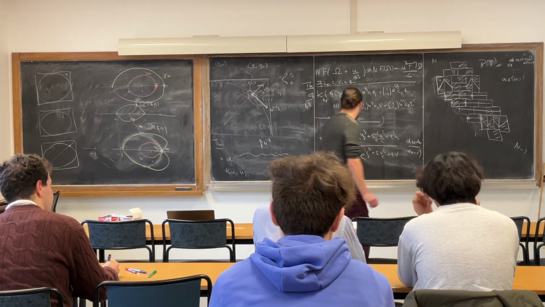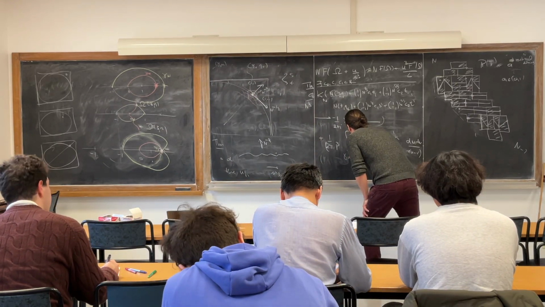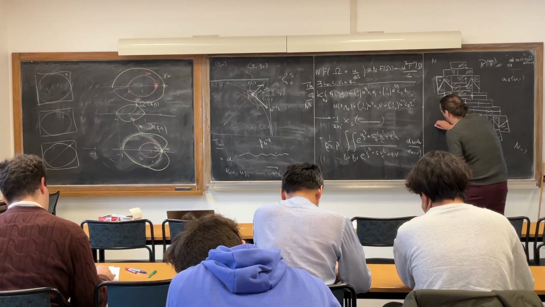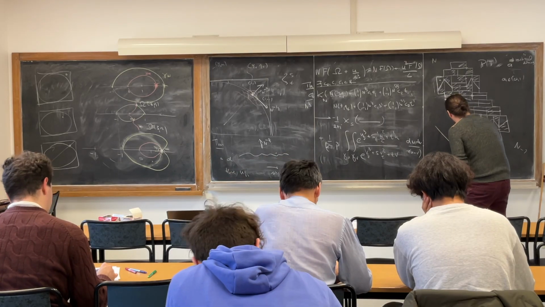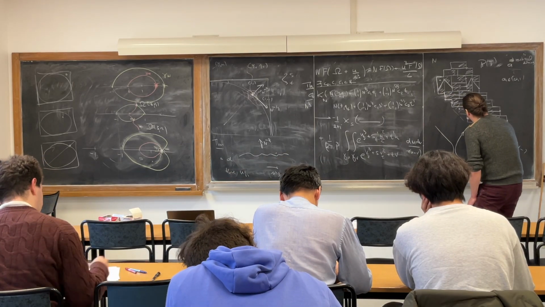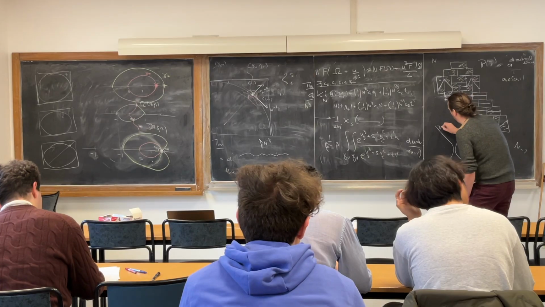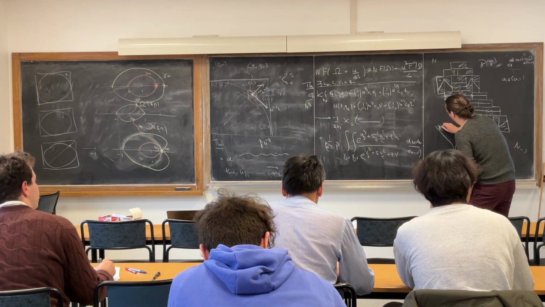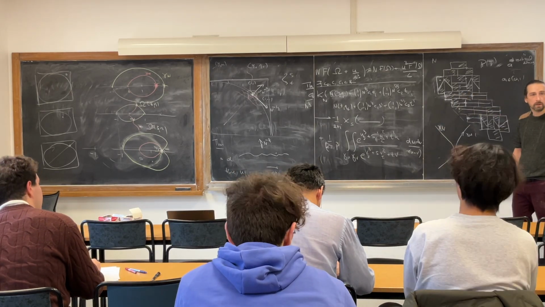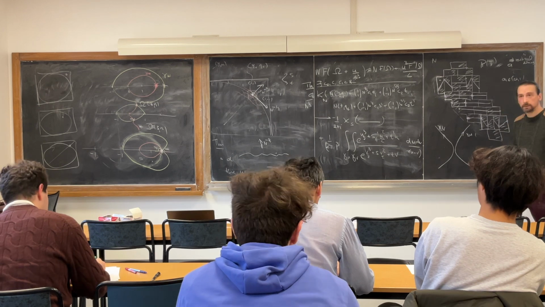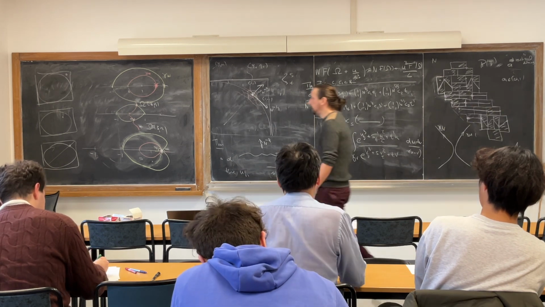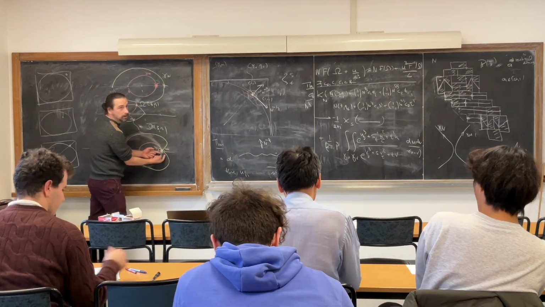This is a gamma u, this is a gamma v. These contours are exactly like this, where this is gamma u and this is gamma v. And these are the local versions of these.